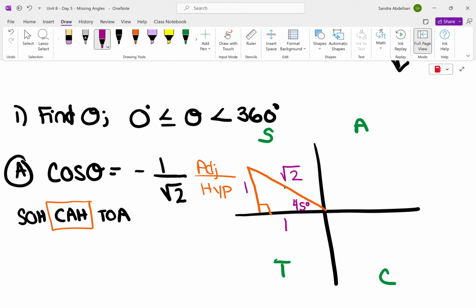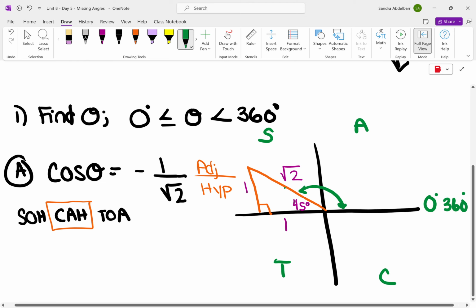But it's 45 degrees in quadrant 2. Is that really 45 degrees? No, that's 180 minus 45, because it's really this angle that we're looking for, right?